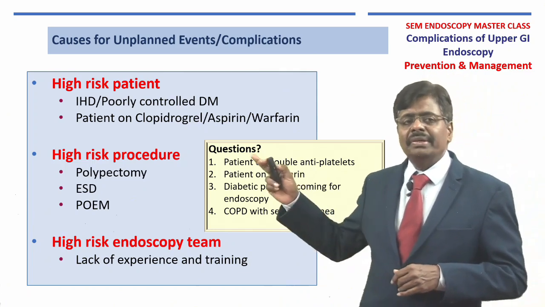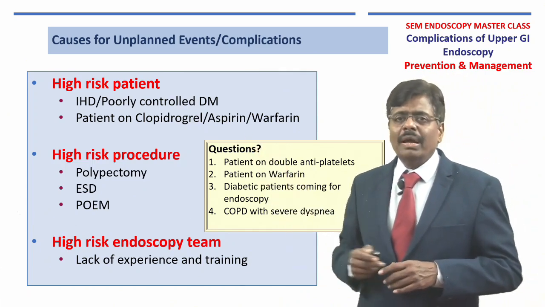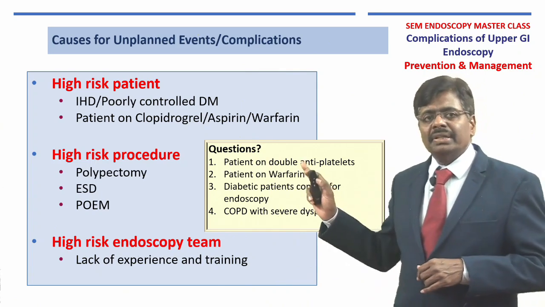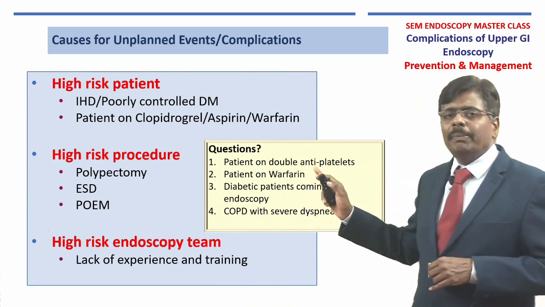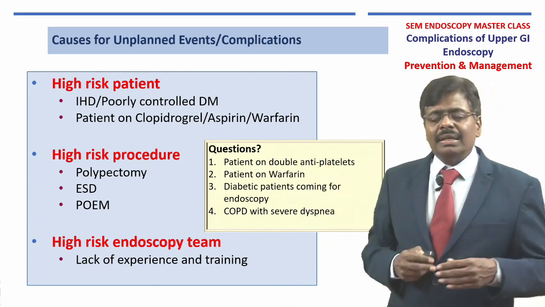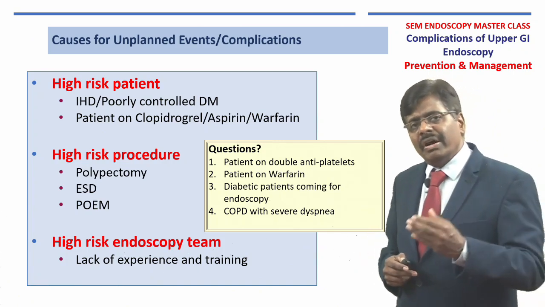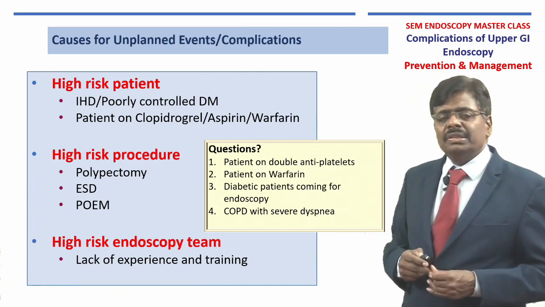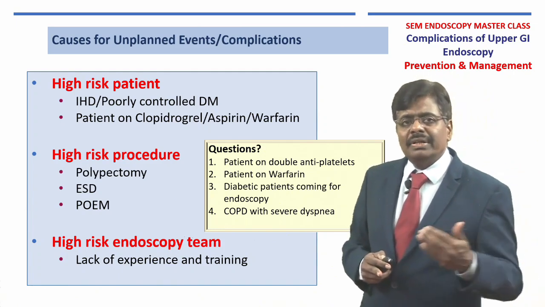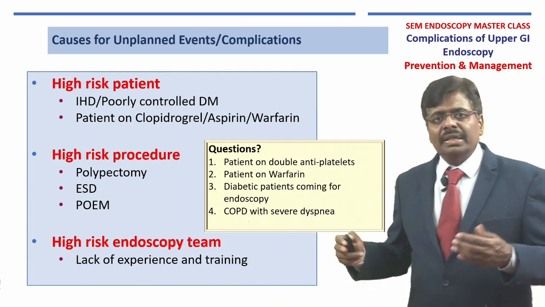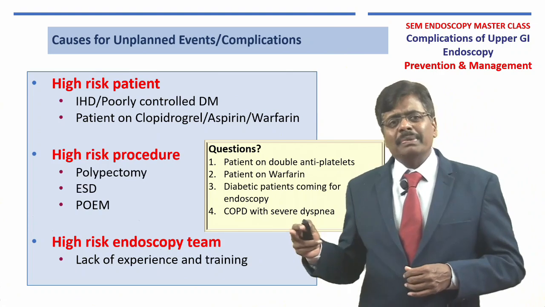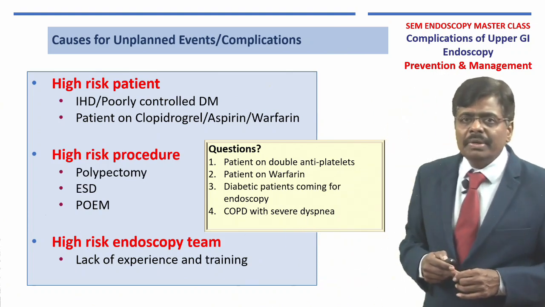For example, if the patient has poorly controlled diabetes, control it. If the patient is on, for example, double antiplatelets, unless it is an emergency, you had better wait for 5 days and ask your cardiologist whether we could stop either of the drugs, preferably clopidogrel. Aspirin usually will not do any harm, in my opinion.